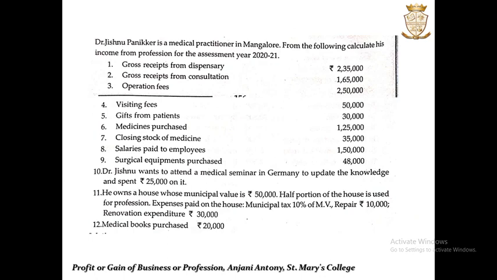So here half portion is used for profession, and so we need to find out the half portion of municipal tax. I have already said that 5,000 rupees will be the municipal tax and its half portion will be 2,500. We can deduct that amount. And repair 10,000 rupees. We are deducting half portion of repair, 5,000. And renovation expenditure will not be considered because it is of capital nature. So we are not considering that.